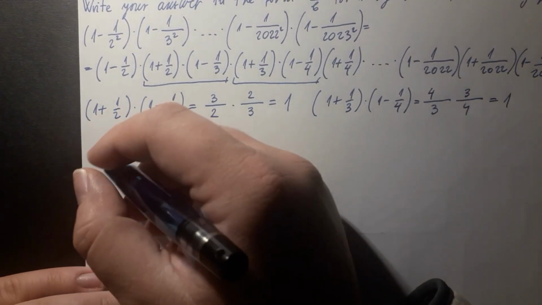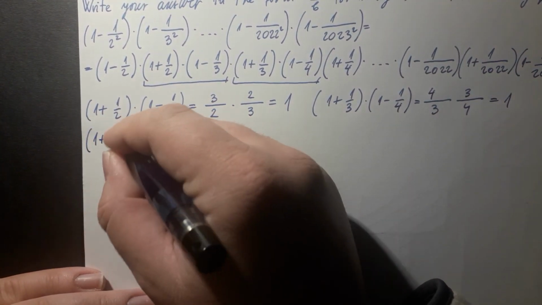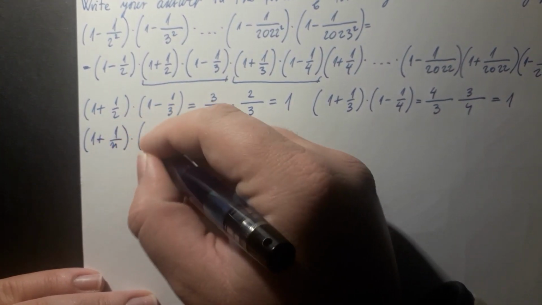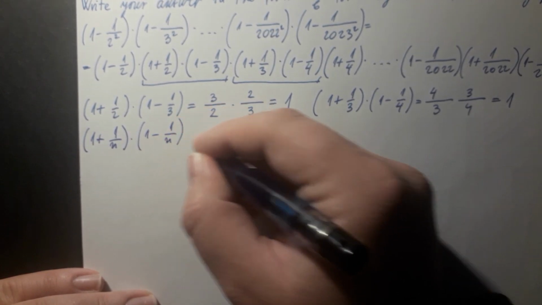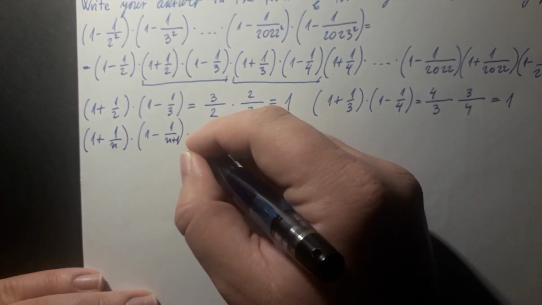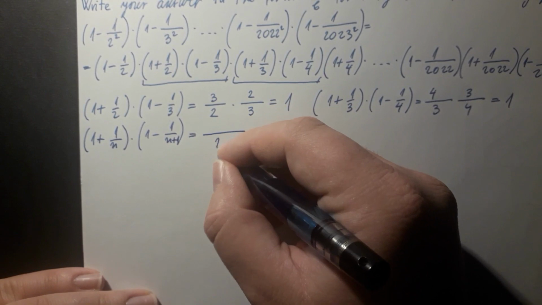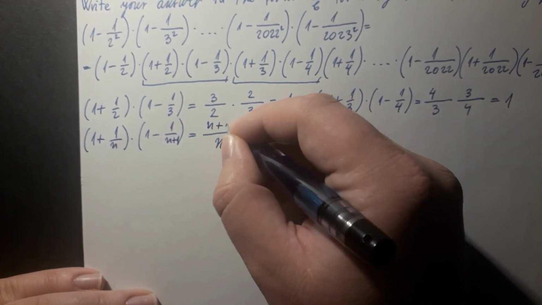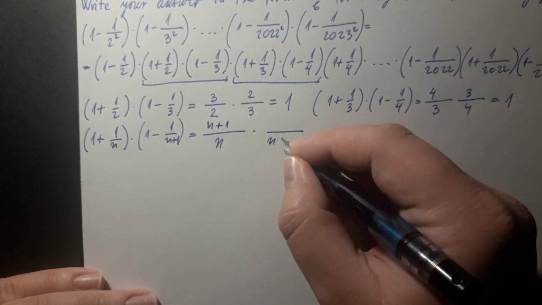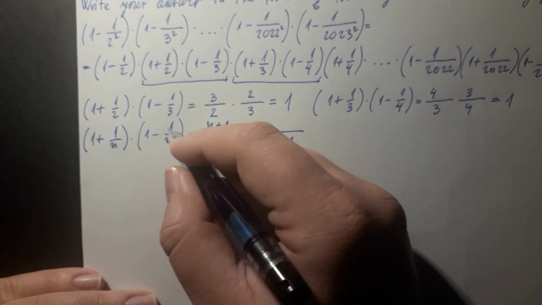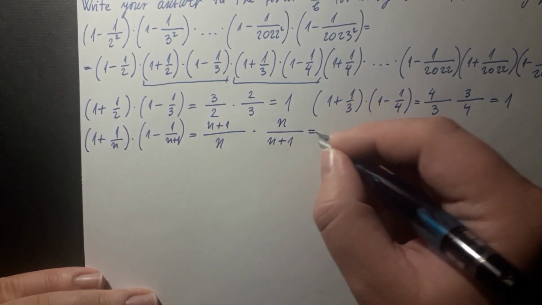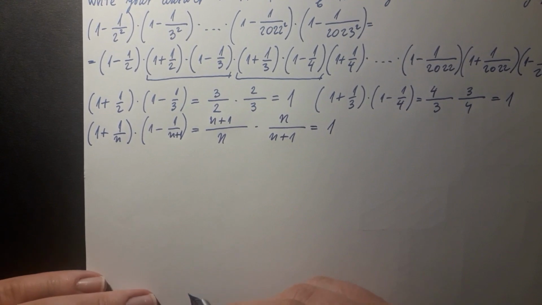Let's look at a general term now. 1 plus 1 divided by n times 1 minus 1 divided by n plus 1 is equal to n plus 1 over n times n over n plus 1, and that is equal to 1.